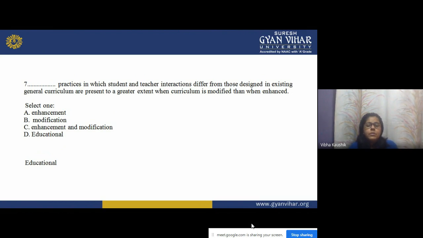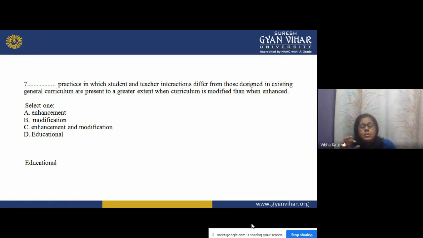Dash practices in which student and teacher interactions, means practices that are used by the teacher during the teaching learning process, in which student and teacher interaction, means the way the teacher and students are interacting, differ from those designed in the existing general curriculum.